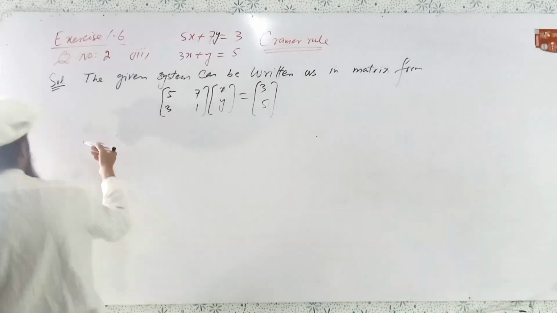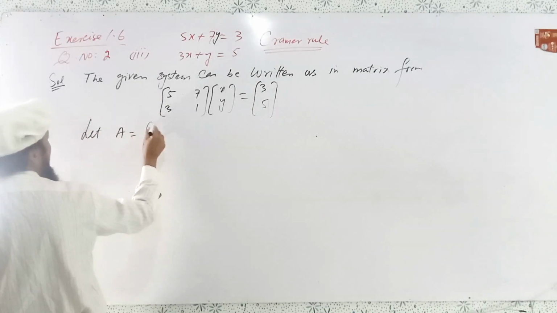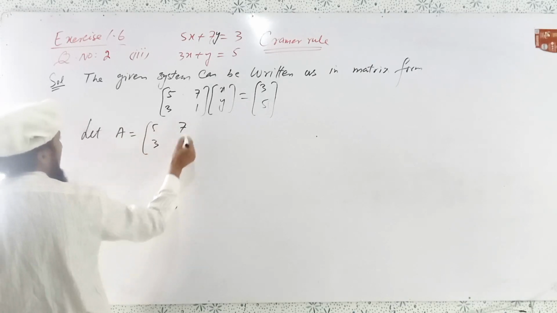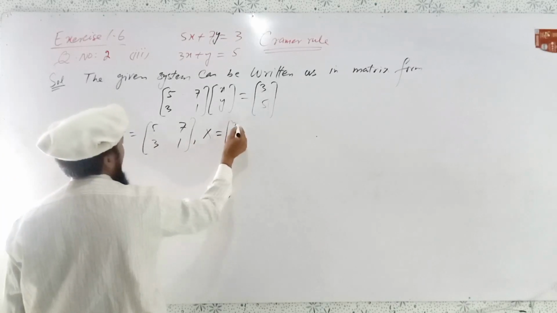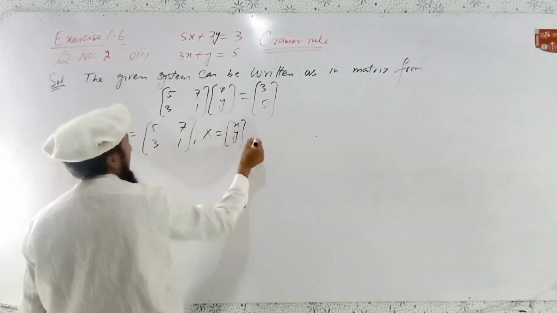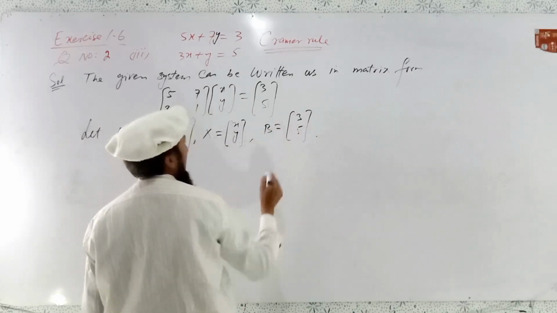So now we take the supposition, let A is equal to 5, 7, 3, 1, and X is equal to small x and y, and B is equal to 3 and 5.